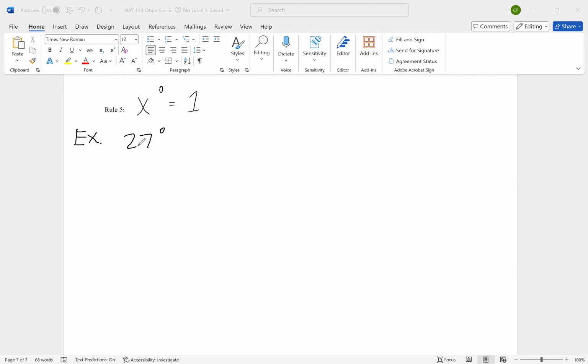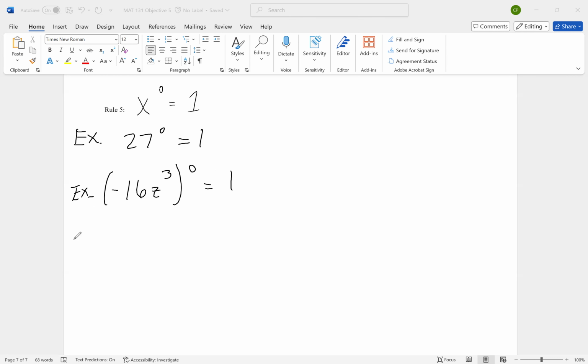If we're looking at 27 to the 0, that's 1. If we have negative 16z cubed in parentheses, it could be anything inside of these parentheses. If it's to the 0 power, the answer is going to be 1, okay?